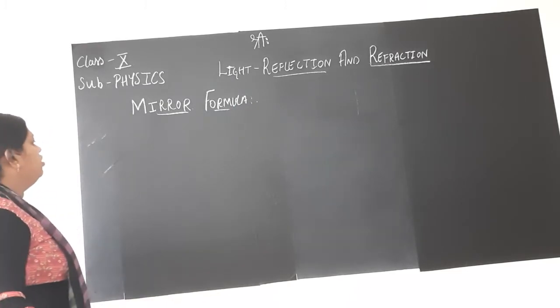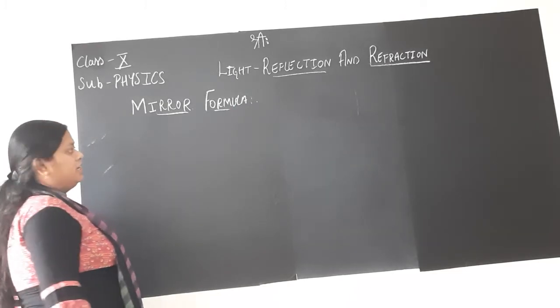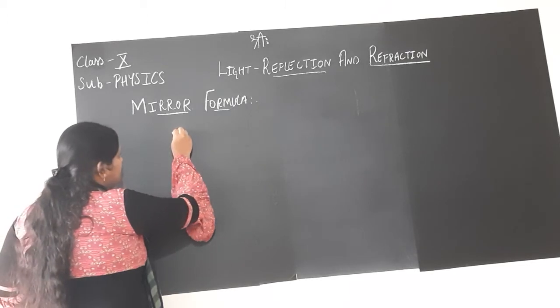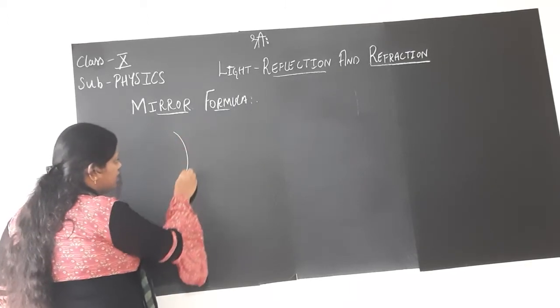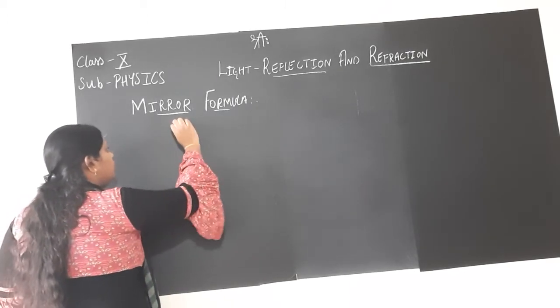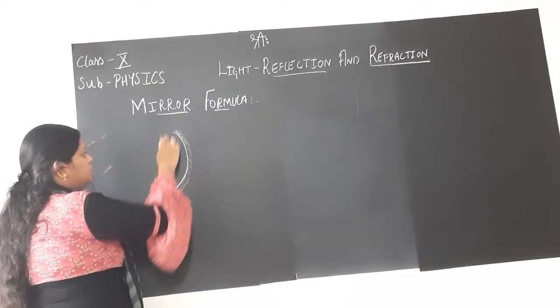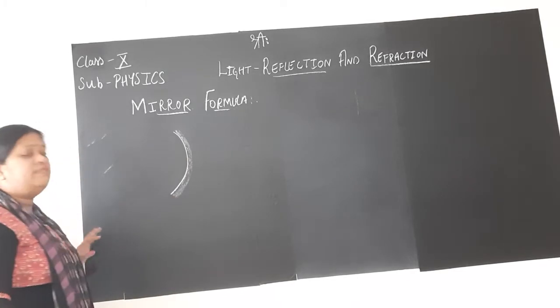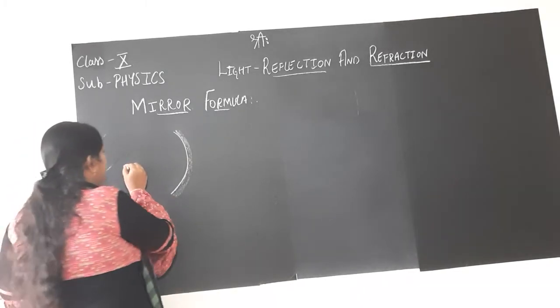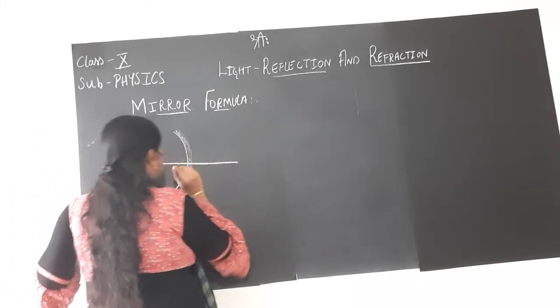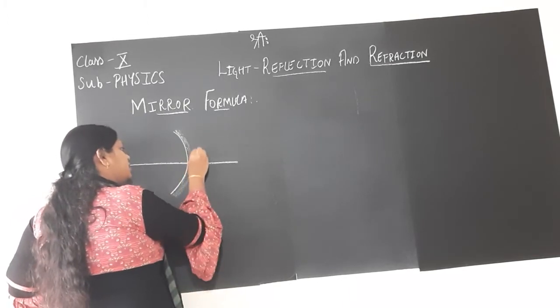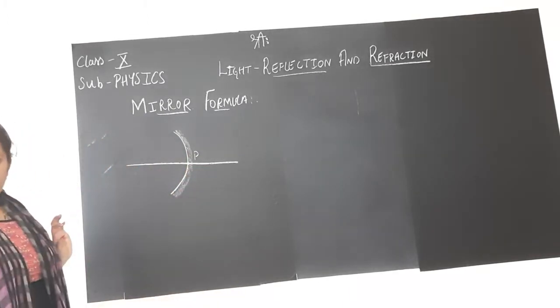To understand what is the mirror formula, children, let us again consider a concave mirror. So we all know that in a concave mirror, one side is polished and this is the reflecting surface. The center of the mirror is called the pole of the mirror.